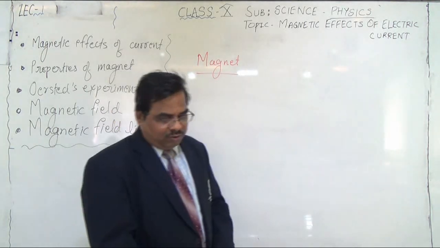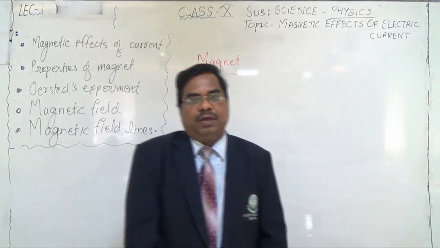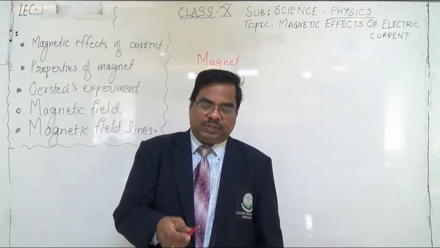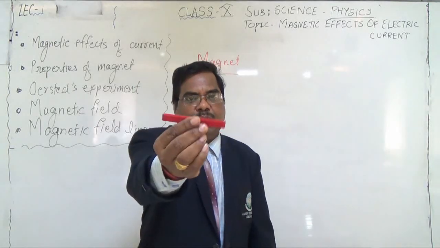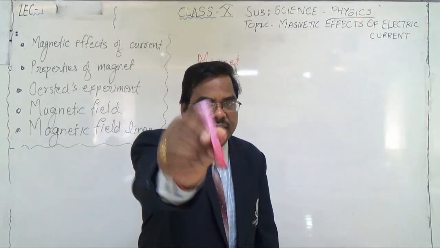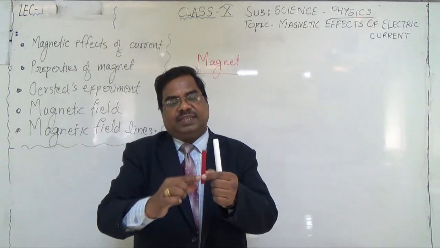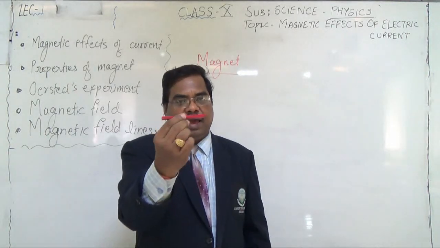Magnets, today we know, are of many shapes. I am having some magnets with me for showing you. This is a common type of magnet. It is called a bar magnet because it looks like an iron bar.